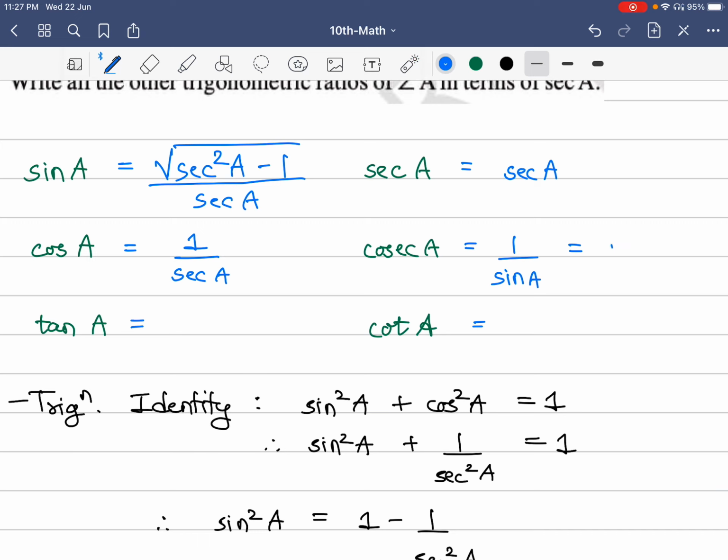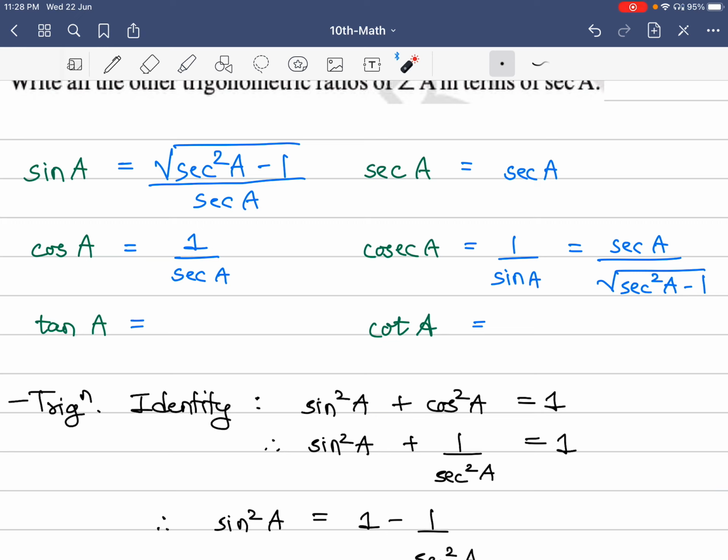So that is nothing but sec of A the whole upon under root of sec square A minus 1. Okay, so thus cosec A is also expressed in terms of sec A.